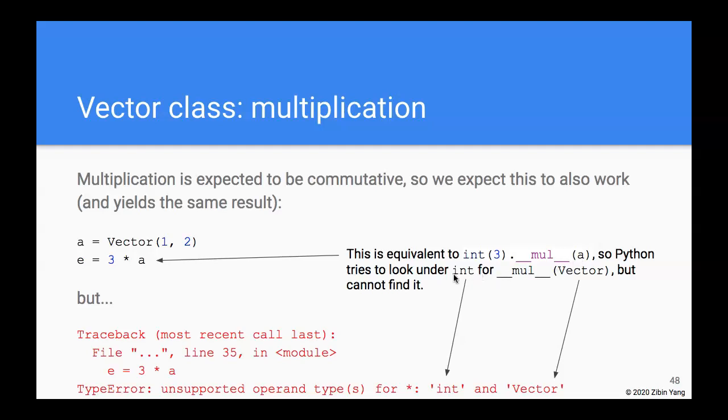Now int obviously can be multiplied with other int or other numbers. However, it would have absolutely no idea what to do with a vector. And that's why this type error is raised. It says it just doesn't know how to handle for multiplication an operand type that is int, and the second operand type is a vector.